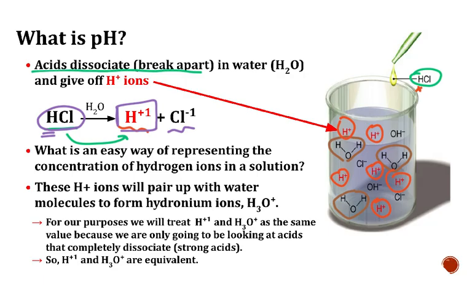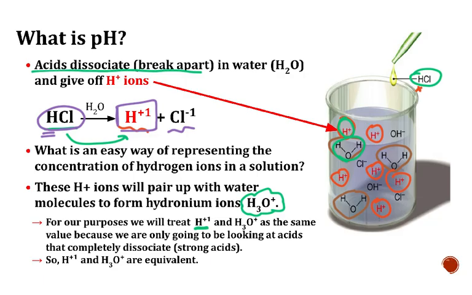These hydrogen ions are going to pair up with water. So we see this H2O and then we see that H+. Those can pair up in water to form hydronium ions. Sometimes when you're talking about acids and bases, you will see it referred to as those H+ ions.